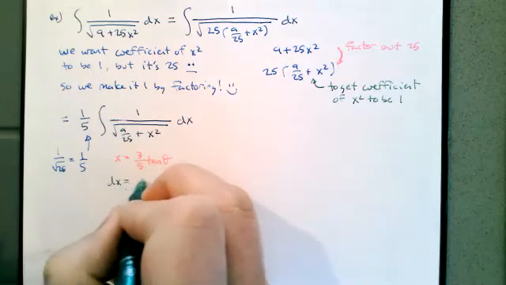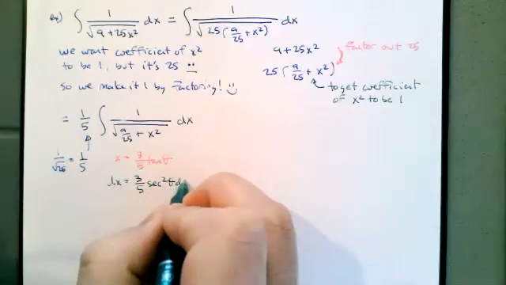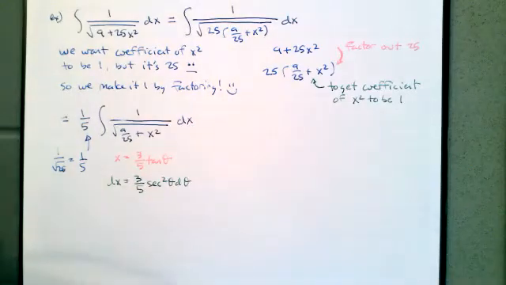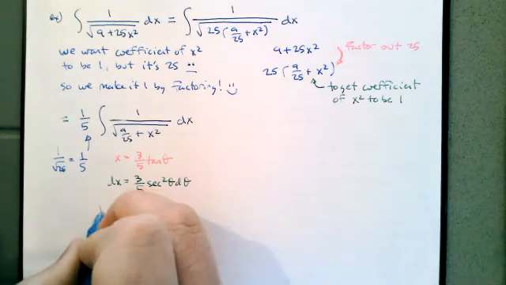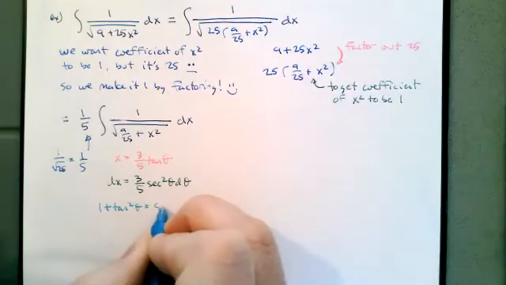dx is going to be 3/5 secant squared theta d theta. It's going to go in for the dx. And I'm going to remember that 1 plus tangent squared is secant squared.